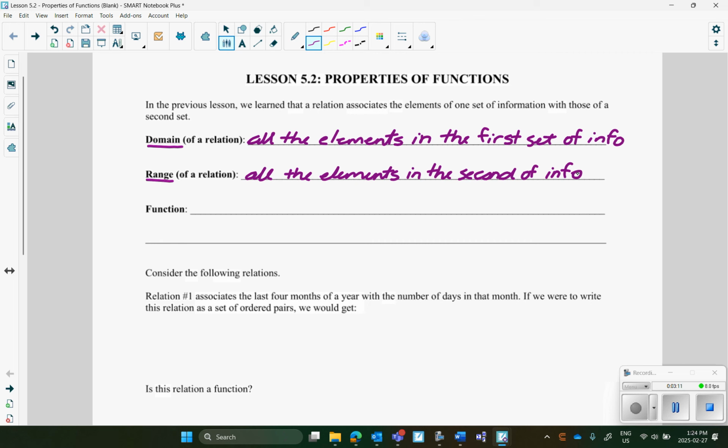A function is a type of relation where every domain element has exactly one range element.